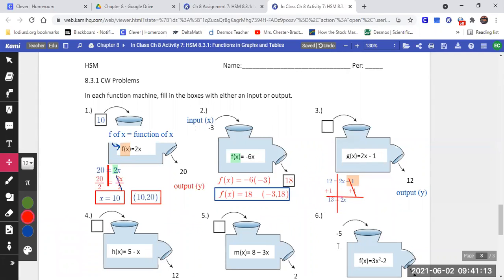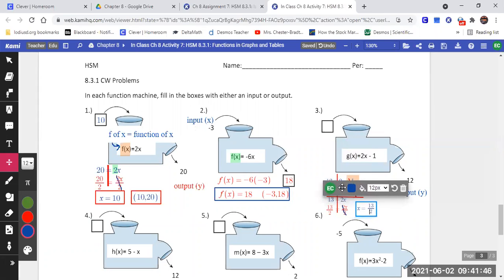So we're gonna have 13 divided by 2 equaling 2x divided by 2, right? Same as we've always done. Do we waste our time with decimals? Do we waste our time with mixed numbers? No. So what are we gonna say for this? X equals 13 over 2, right?